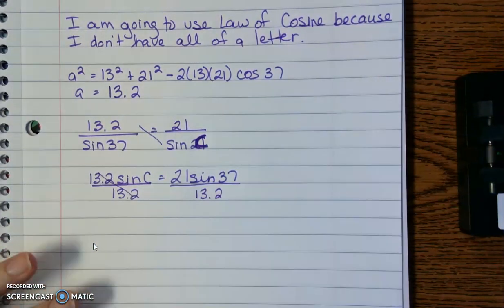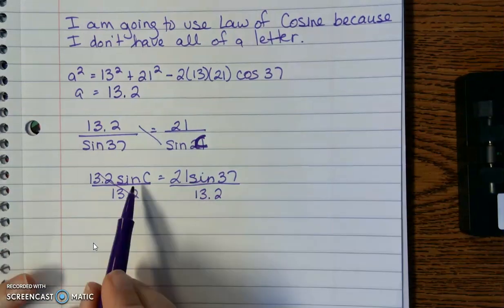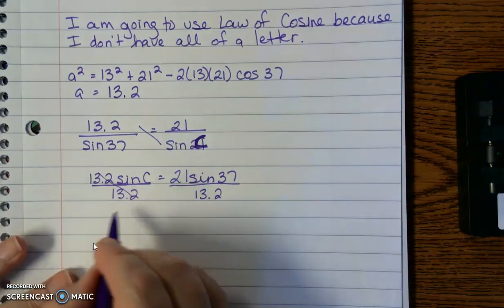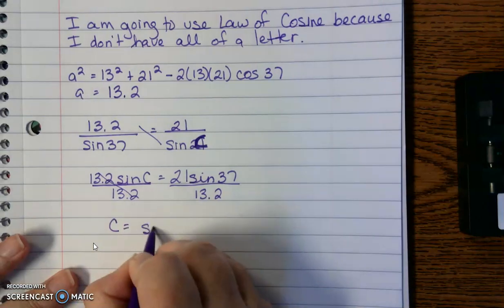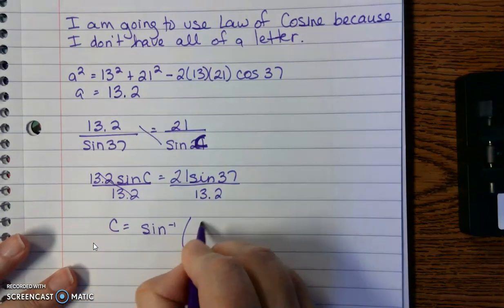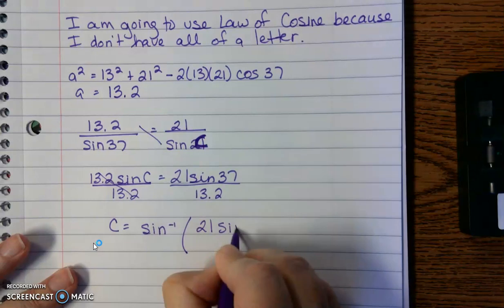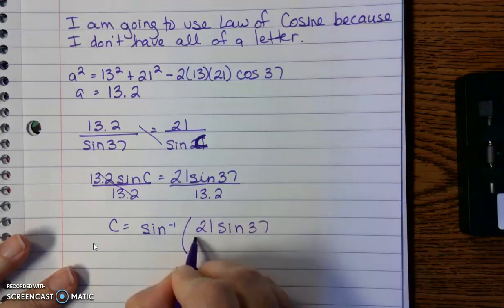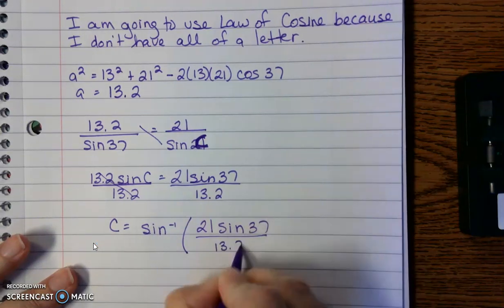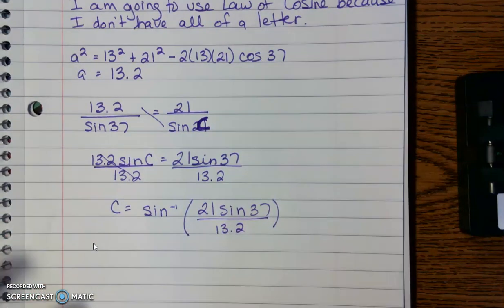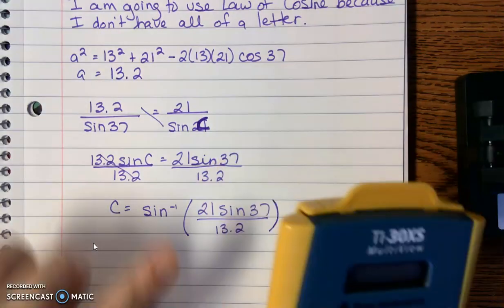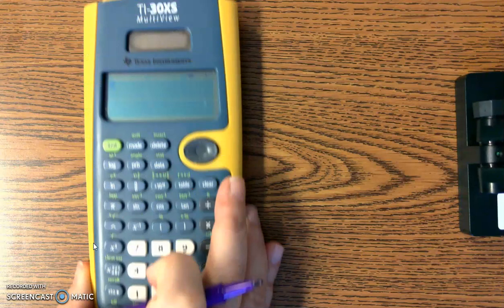Then we have to separate sine from C by doing its inverse: inverse sine of 21 sine of 37 divided by 13.2. Now let me get my calculator, and we're going to type this in very carefully. We're going to do a 3-step process.